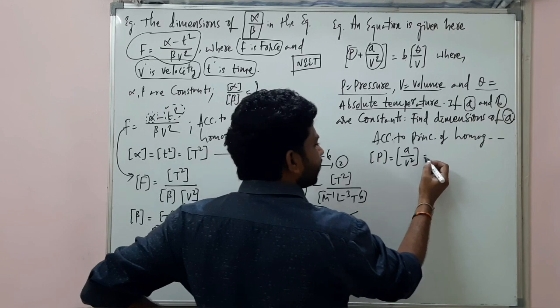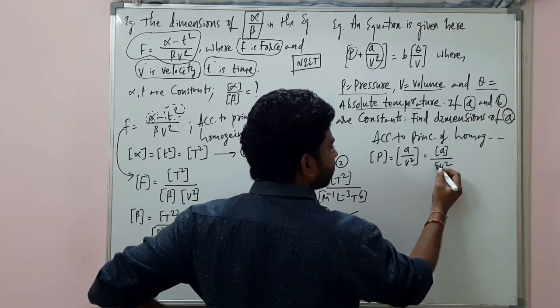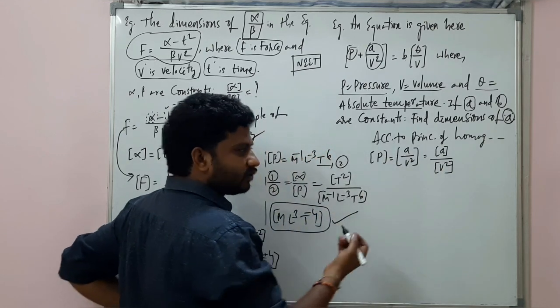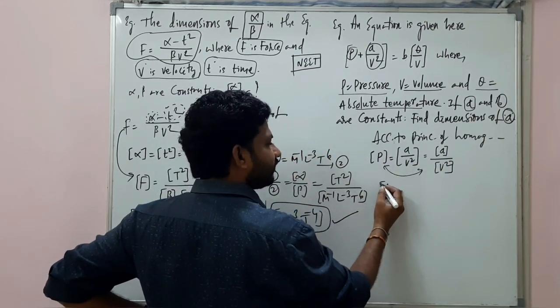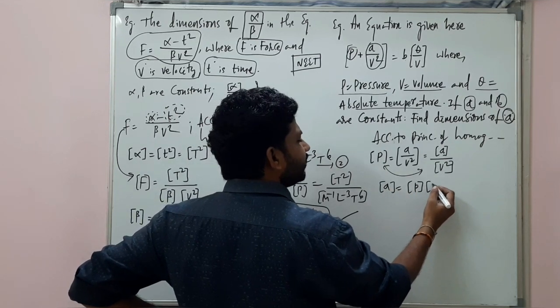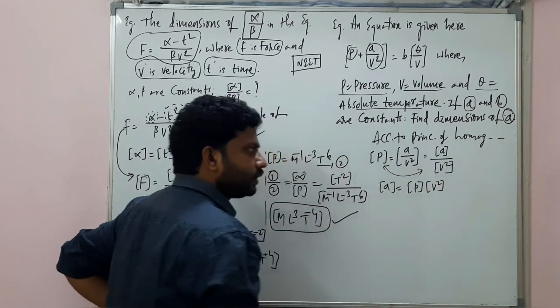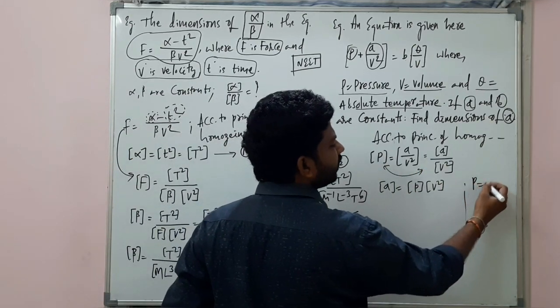Okay, so this I can write as dimensions of A divided by dimensions of V square. Alright, so from these two, I can write dimensions of A will be equal to dimensions of P into dimensions of V square. So what is this P? P is force per unit area.